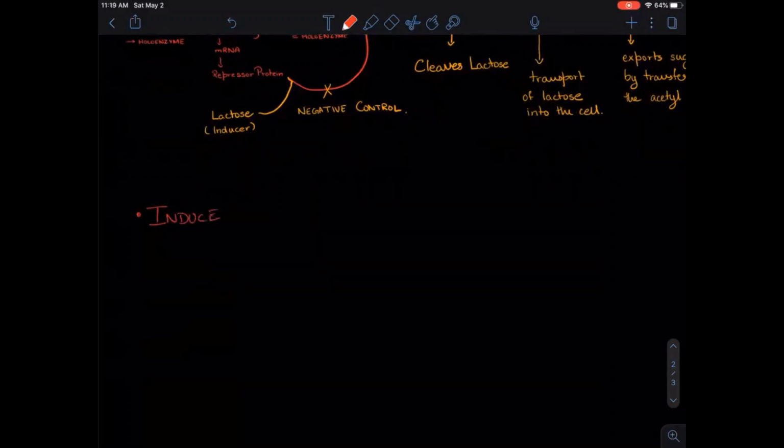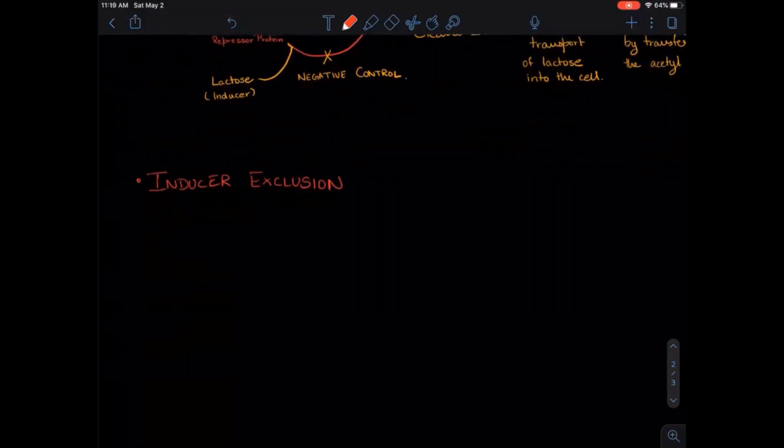According to this, if glucose concentrations are high, glucose is accepted into the cell more easily. Thus, lactose does not enter the cell.